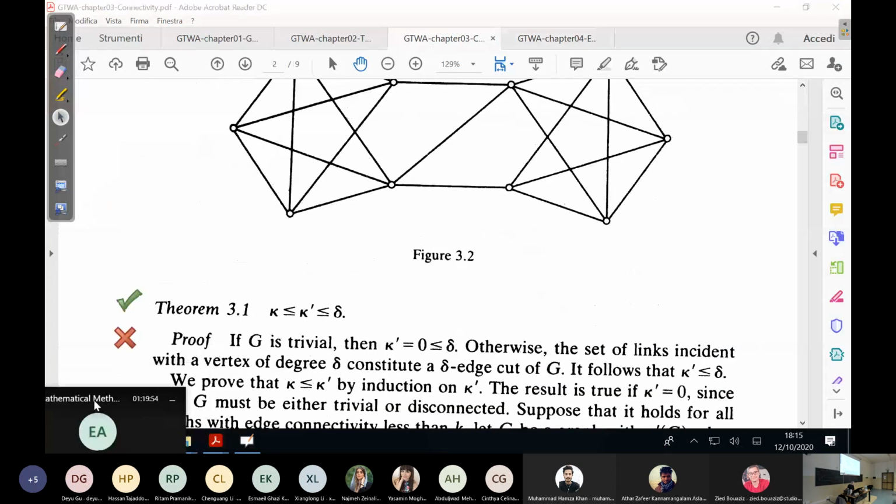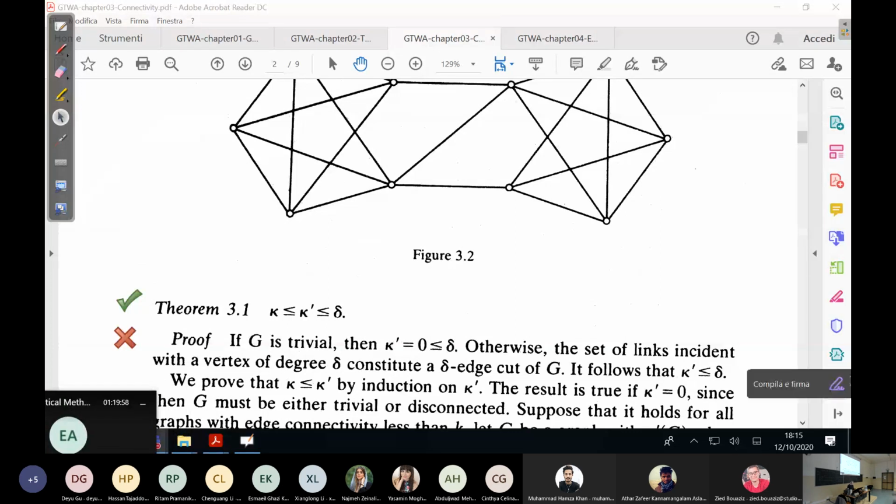One part of this inequality is very easy to show. Why? Because there is always a way of disconnecting a graph by deleting some edges: all the edges incident to one given vertex.